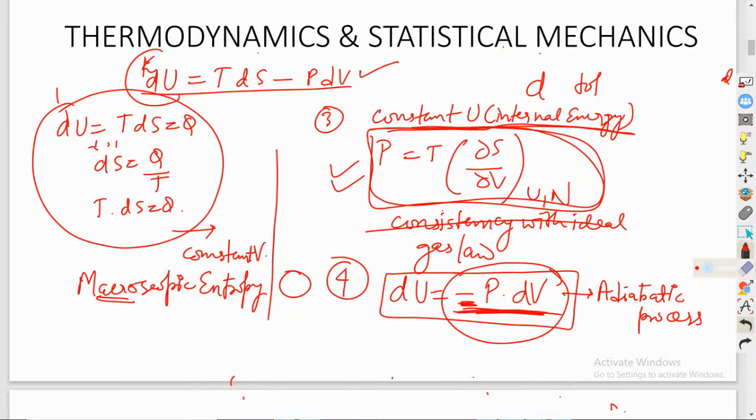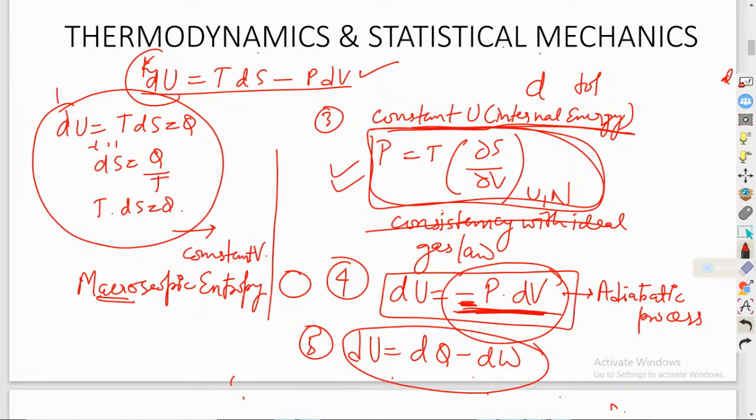Now, a more fundamental equation we can obtain from the thermodynamical equation, the fifth equation, which is dU equals dQ minus dW. So this is the first law of thermodynamics. Okay.